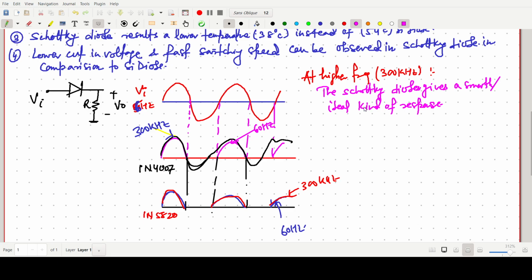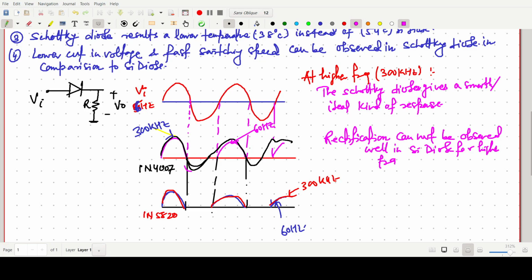The Schottky diode has no trouble at higher frequency. But in the silicon diode, the rectification is not very good. Rectification cannot be observed well in the silicon diode for higher frequency.